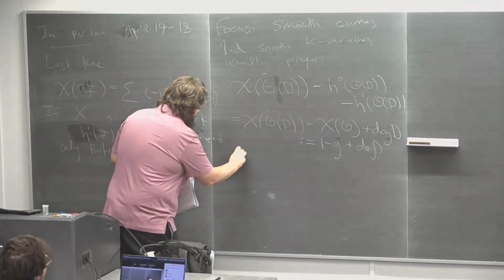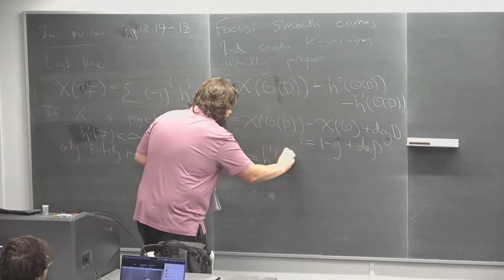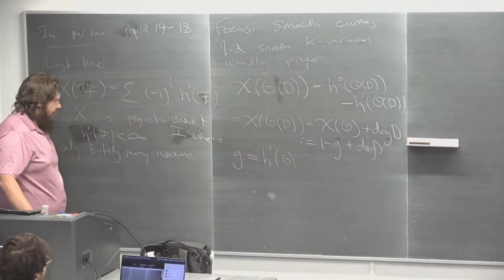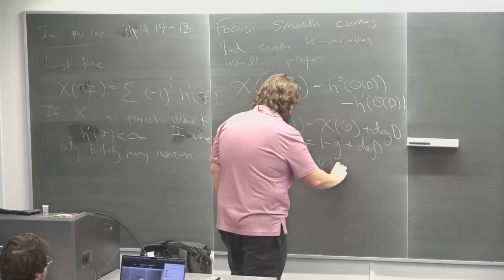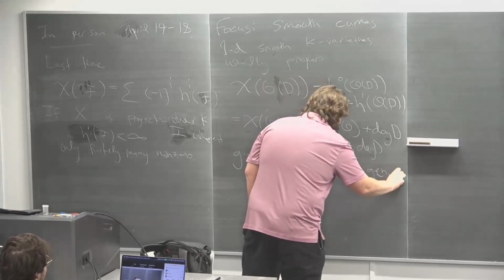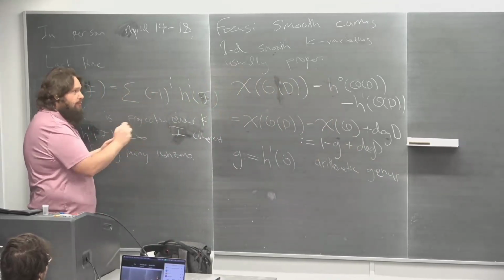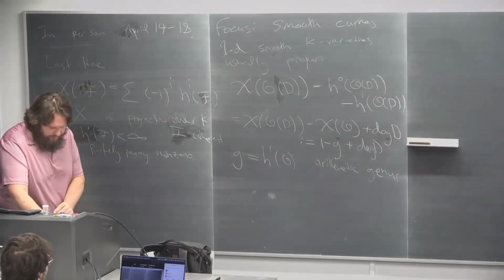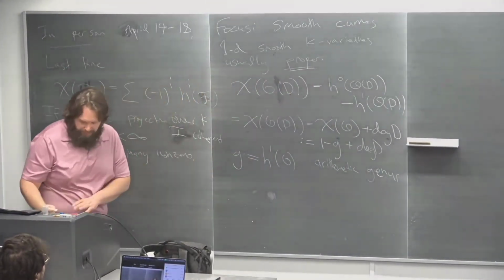So the genus is, for my purposes, defined to be H^1 of the structure sheaf. As mentioned before, this is what's called the arithmetic genus, because for singular curves there's a different notion of geometric genus, but for smooth curves it's the same. Any questions? And this is just for simplicity, assuming everything is proper.